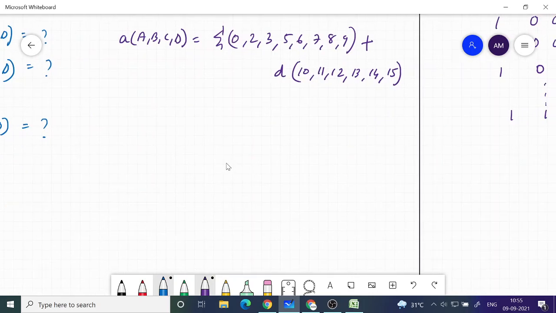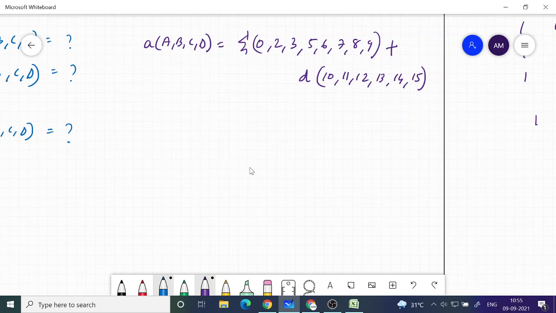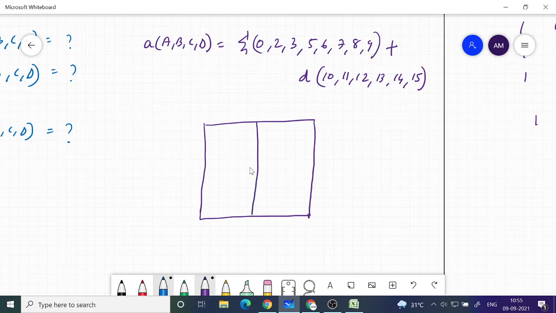Now we can go to the K-map method. So what do you do? Draw the 16 squares, because there are 4 variables. We need 16 squares.